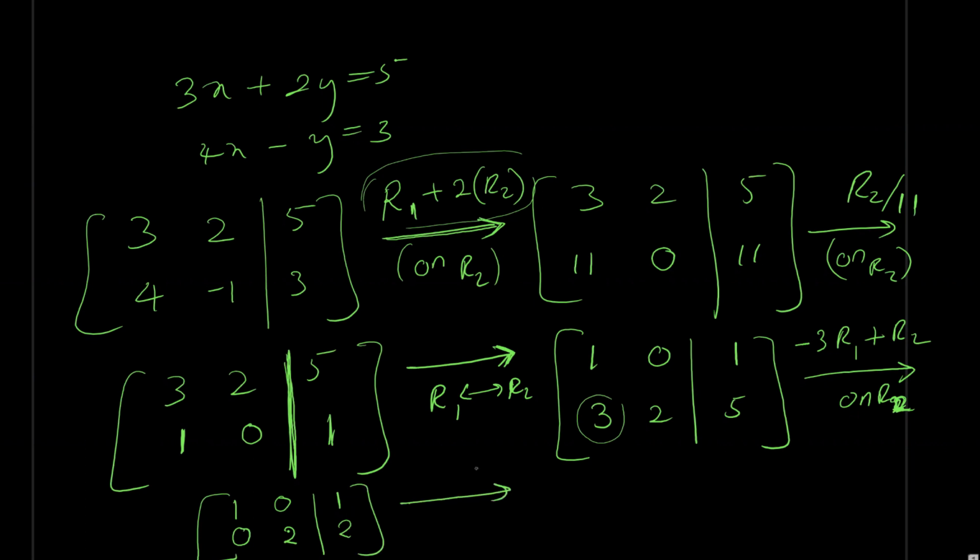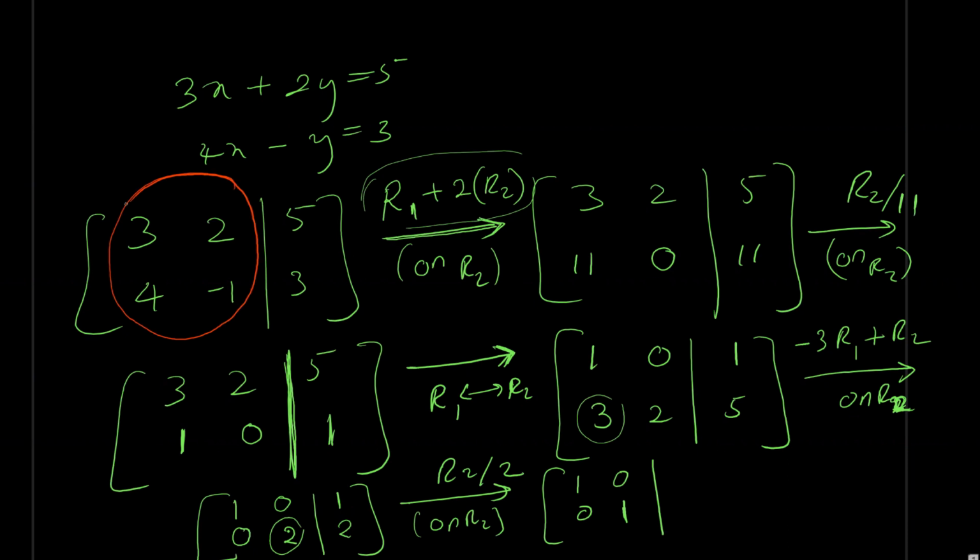So at this point, I would like to R2 divide by 2, because I want to make this also 1, and keep it on R2. I get 1, 0, 0, 1. See, what I did was, I did this operation and converted this red color part, look here, into the identity matrix, and the result is I'm getting 1, 1. So that means 1x plus 0y equals 1, so x equals 1. 0x plus 1y equals 1, so y equals 1.